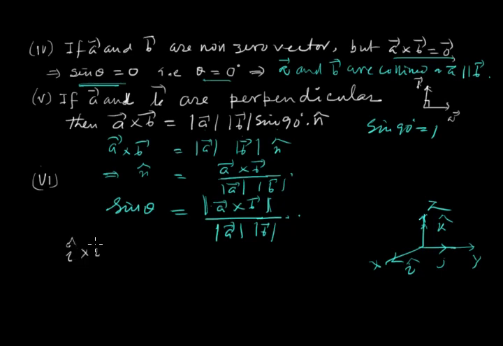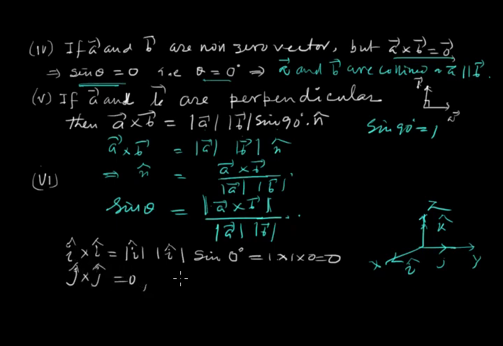I cross I: by definition, this is magnitude of i, again magnitude of i cap, sine 0 degree. So 1 into 1 into 0, ultimately we are getting 0. So i cross i is 0. Similarly, j cross j is 0 and k cross k is also 0.